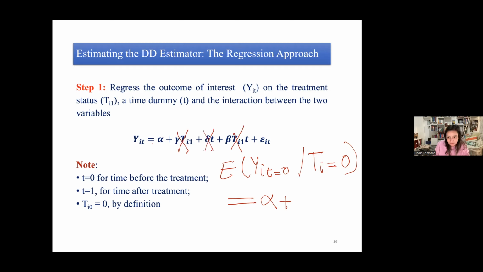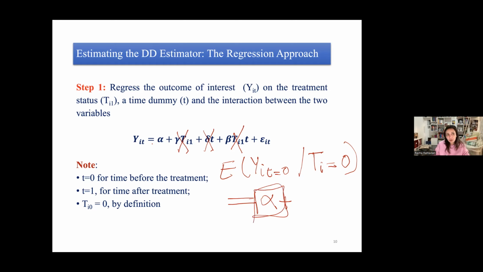And the expected value of our error term, as we saw in the first session on Monday, should be equal to 0. So the expected value of the outcome of an individual at period 0, if this individual will not benefit from the program, will be alpha.